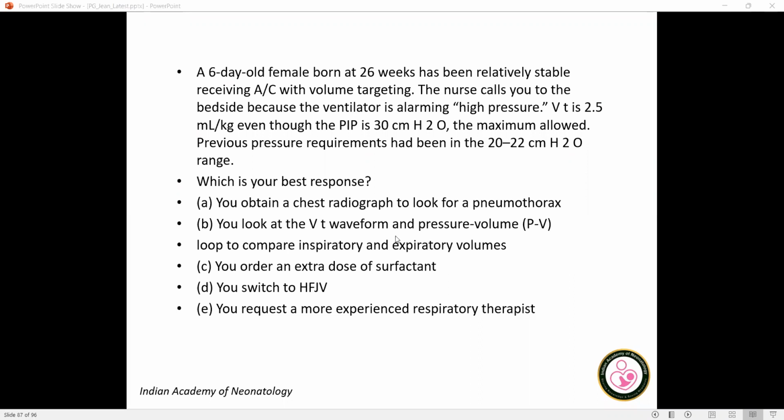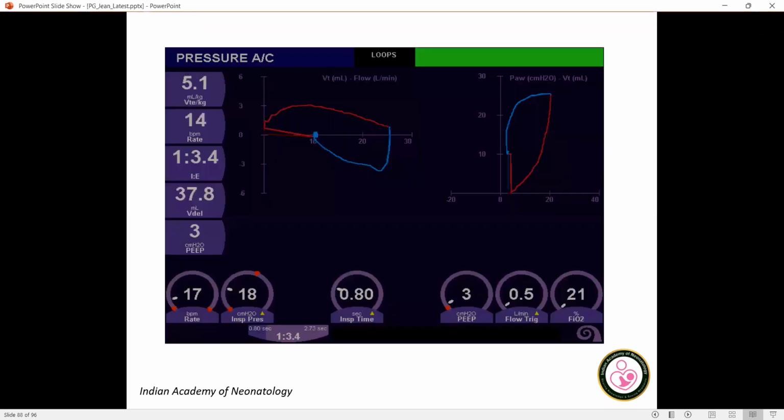So we can see the flow volume and the pressure volume loop. You can see here in the flow volume that the expiration has been prematurely terminated. Here it has been terminated, showing a significant leak. Here also we can see that the expiratory limb of the PV loop is not touching the baseline.